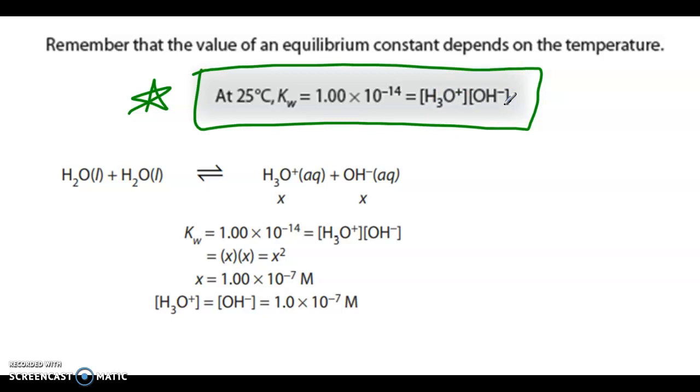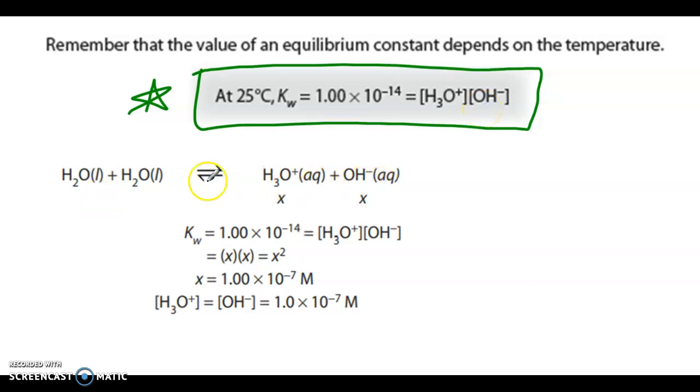But we do know that at 25 degrees Celsius, or essentially ambient temperature, the Kw for water is 1.00 times 10 to the negative 14. Now remember that that is equal to hydronium times hydroxide, right? That's our Kw. So this relationship will become important because if we know that we have a solution that's happening at 25 degrees Celsius, we can use this relationship to figure out one of our unknown concentrations.